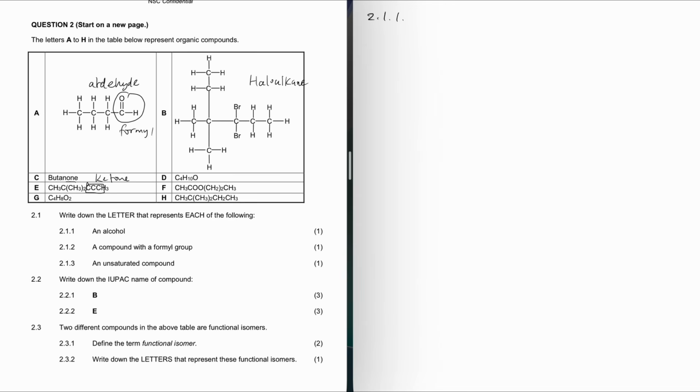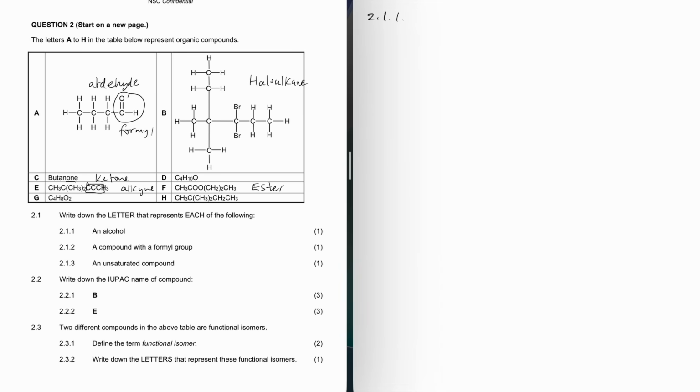Because of the CCC, I recognize that as an alkyne. F, I have COO. So this could be a carboxylic acid. No, it can't be a carboxylic acid. It's got to be an ester. So F is definitely going to be an ester. If it was a carboxylic acid, you'd see COOH at the end.